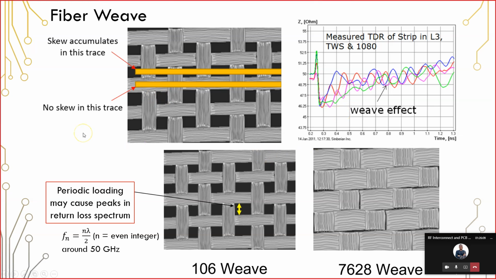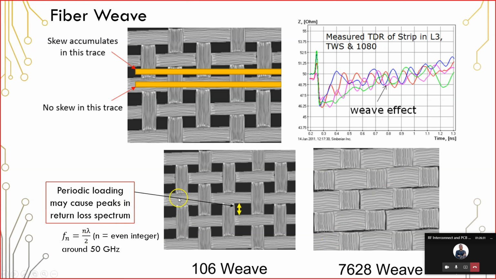I'll show an example of that type of system later. But this essentially means that we would prefer to use a tighter glass weave. This tighter glass weave, the 7628 weave in a fiberglass epoxy resin substrate, will have much less variation in the dielectric constant along the length of the material.